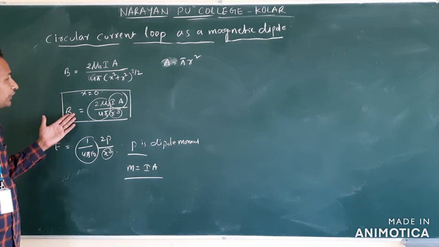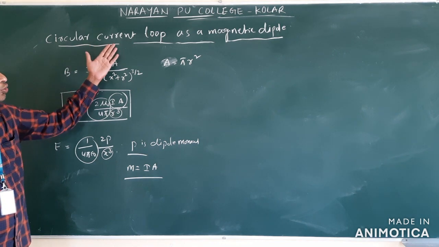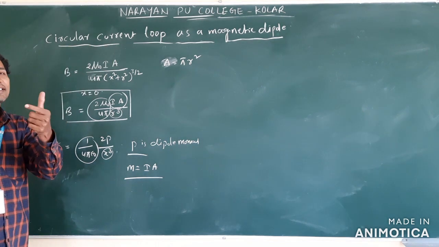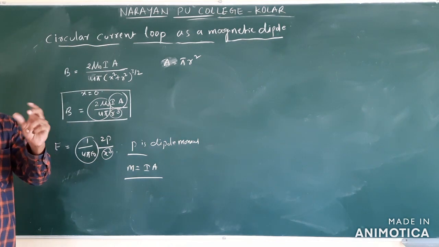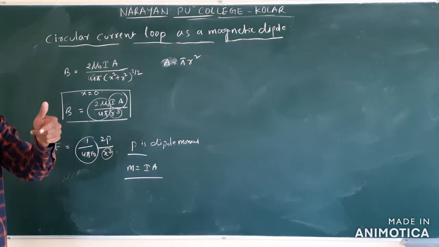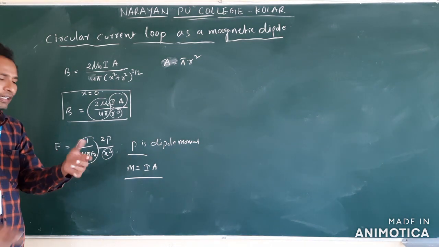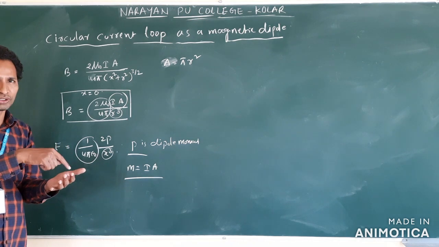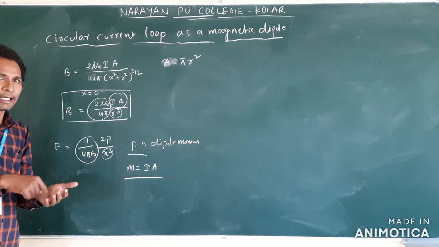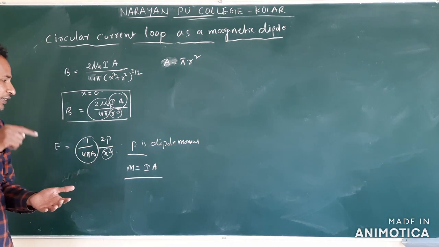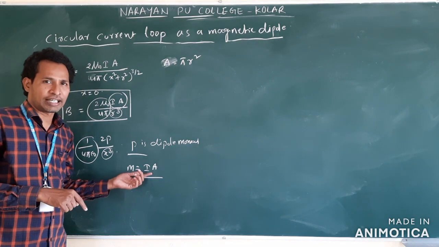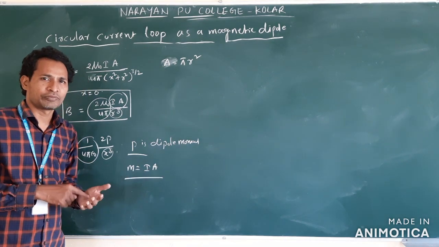So where did we take this field? Circular current loop. So a circular current loop acts like a dipole. It has a magnetic dipole moment. Whenever a current passes through a loop, that loop acts like a dipole. It has a dipole moment. Thus the dipole moment formula is current into area.